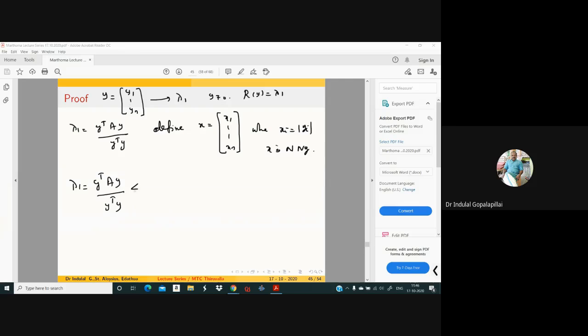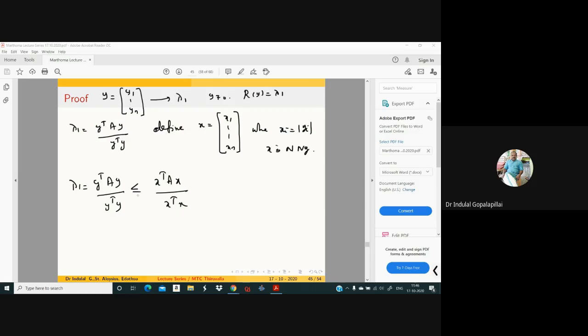So this is less than or equal to x transpose Ax by x transpose x. In fact, y transpose y is the same as x transpose x, because y transpose y is sigma yi square, and x transpose x is sigma xi square, and xi square is equal to modulus yi square, that is sigma yi square.